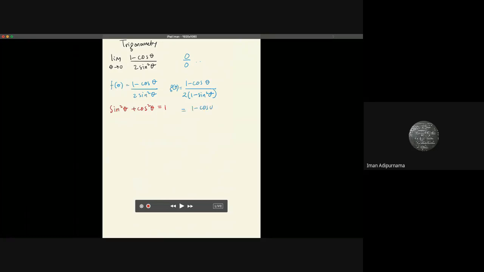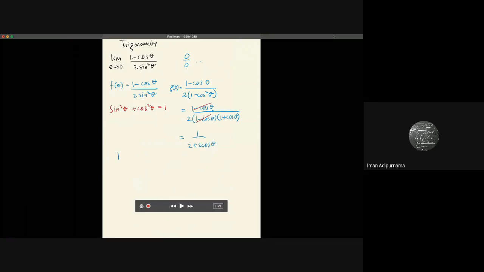Wait, it's cos, sorry, it's cos squared. So it's 1 minus cos theta and 1 plus cos theta. Then again, we can simplify this and we have 1 over 1 plus cos theta.